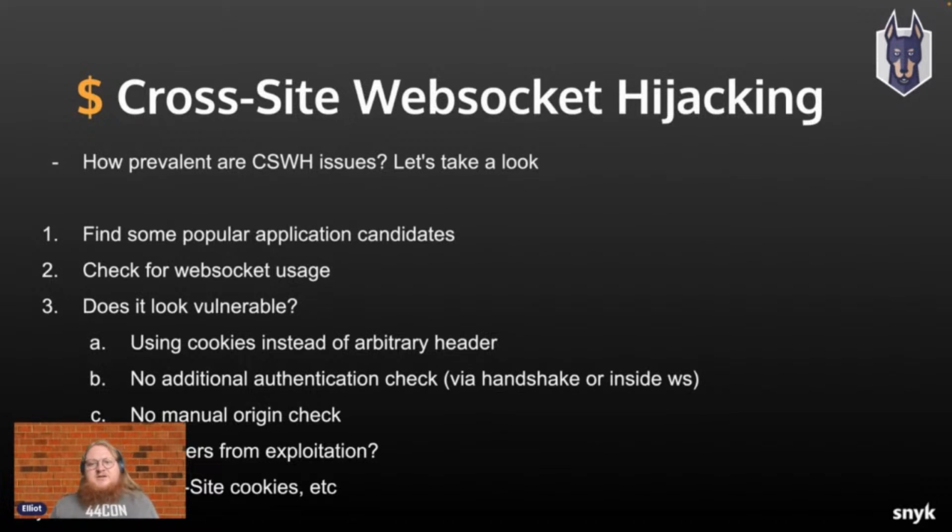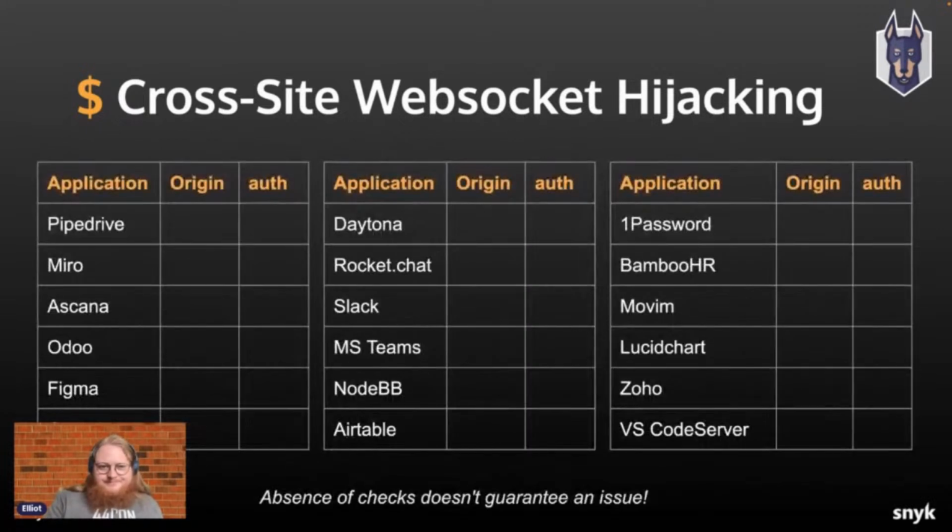It's a fairly recent addition to browsers, and it will prevent many cross-site WebSocket hijacking attacks. But in all of the examples that we reported to the vendors, we were able to bypass the same-site cookies and have a fully exploitable scenario.